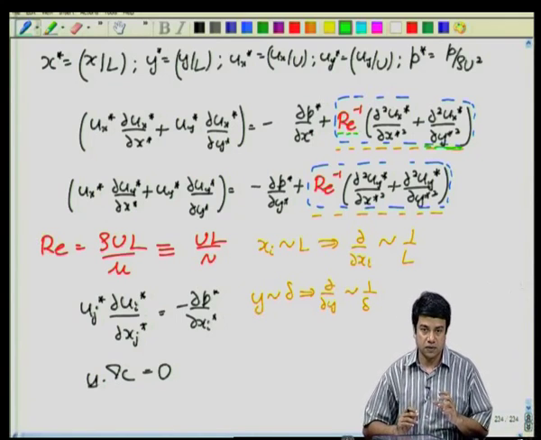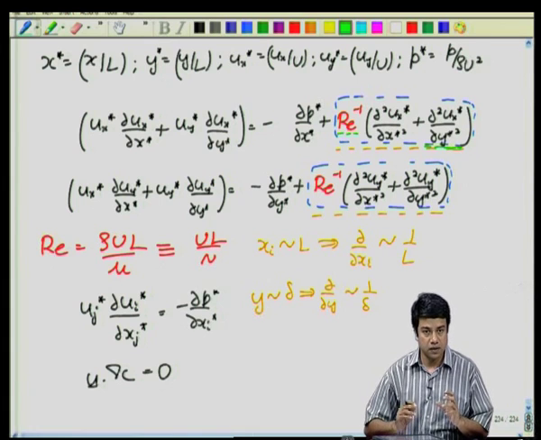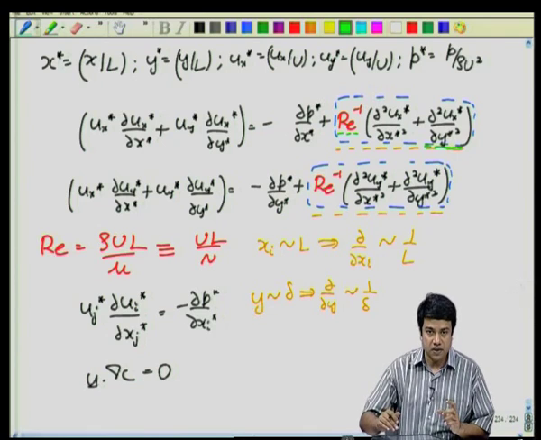Reynolds number is large, so Re inverse is small. That was based upon the length of the plate. On the velocity, I have a second derivative. If the length scale for that goes as delta, the second derivative goes as 1 over delta square.